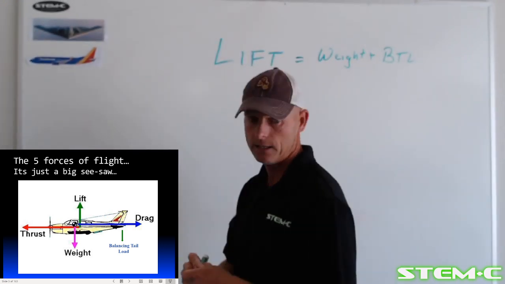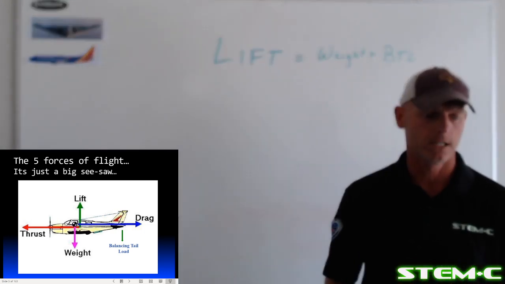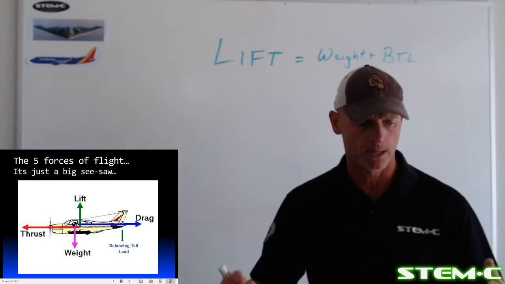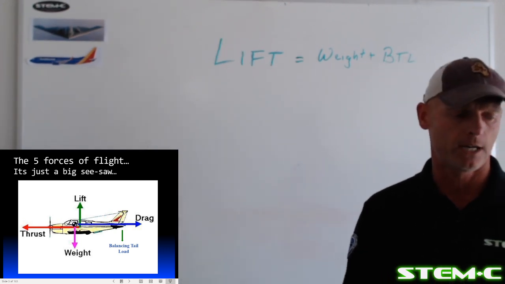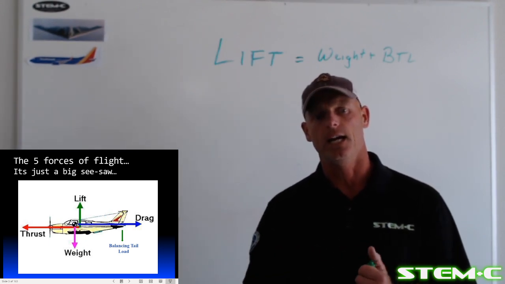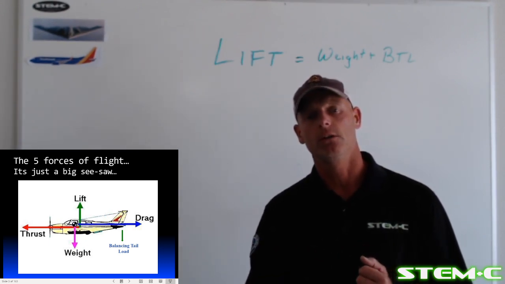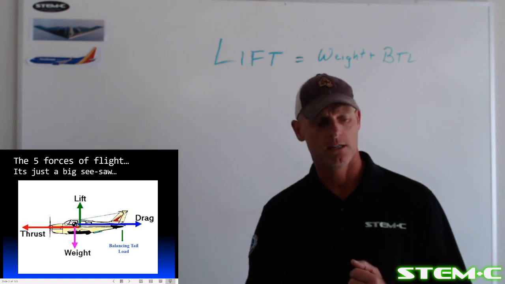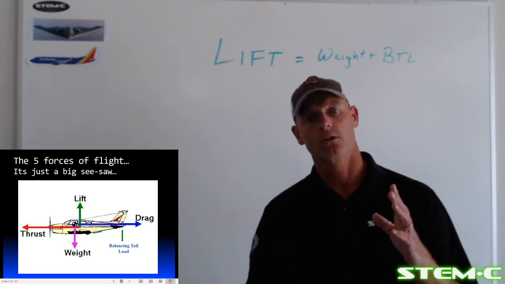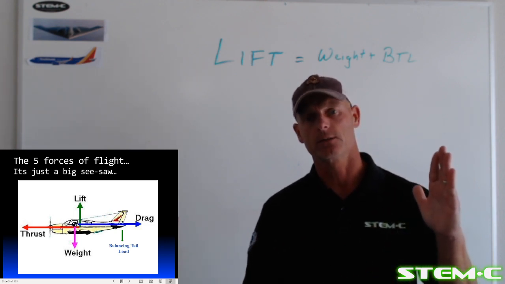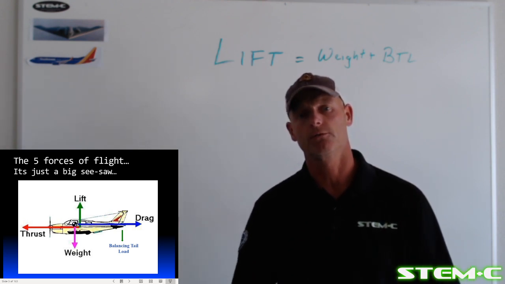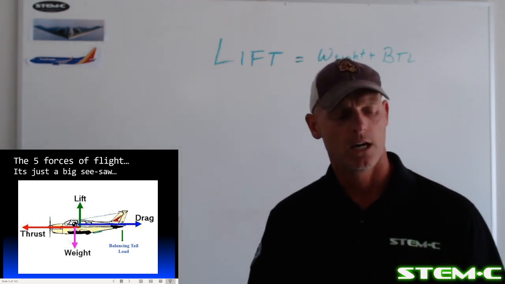So if you take, like in that drawing right here, the weight of the airplane and the balancing tail load, those vectors, and you sum them up, and let's say the weight of the airplane is 1,000 pounds, and then let's say the balancing tail load to maintain a level flight attitude is, for instance, 200 pounds. So total lift would be the 1,000 pounds, the weight of the airplane, plus the 200 pounds. So total lift would actually be 1,200 pounds.